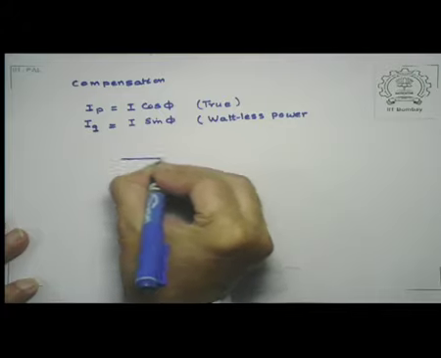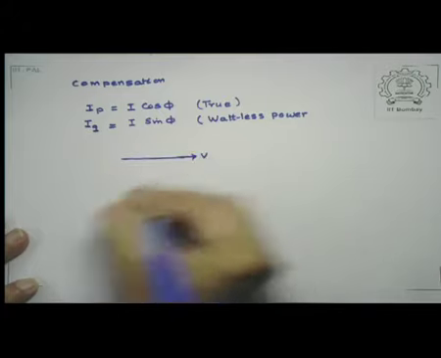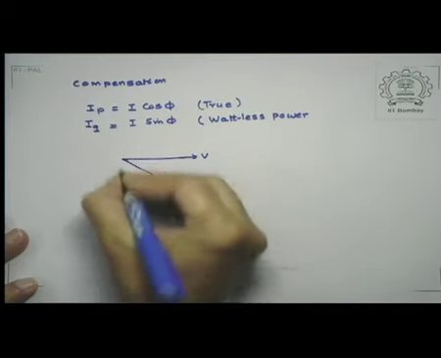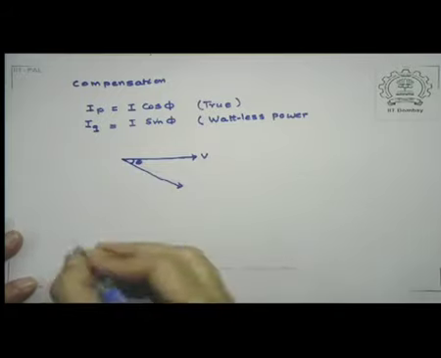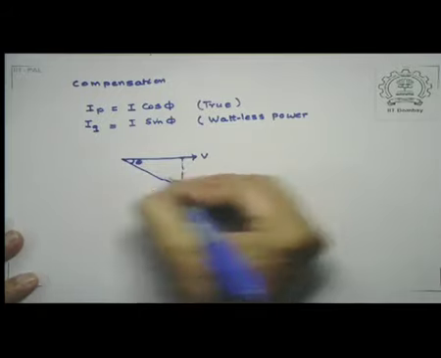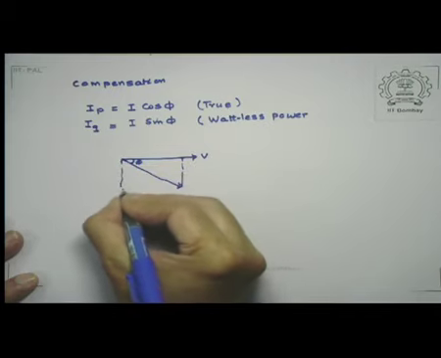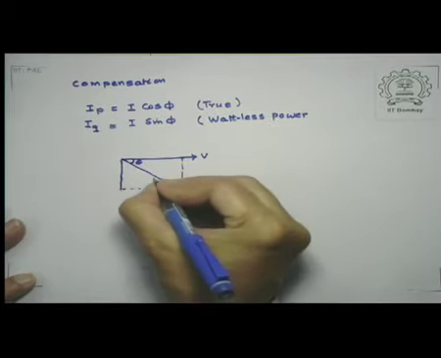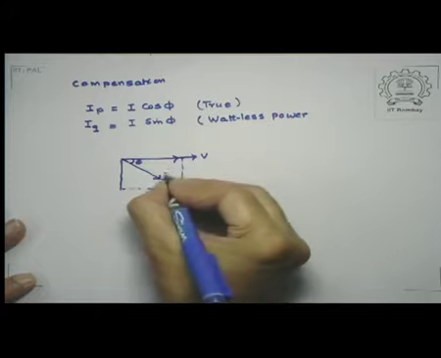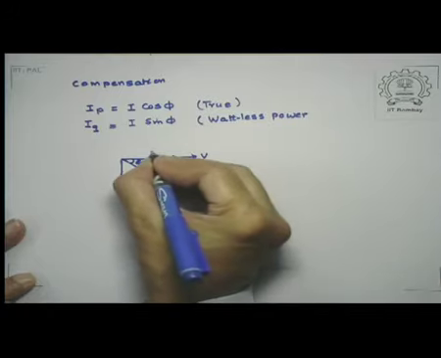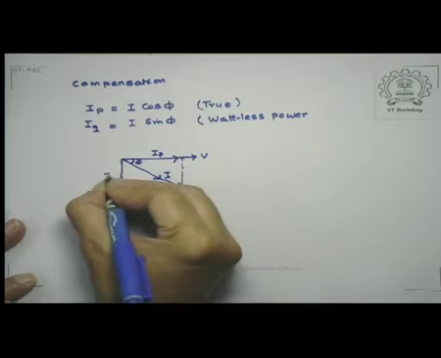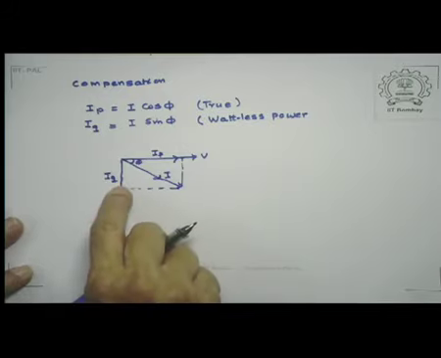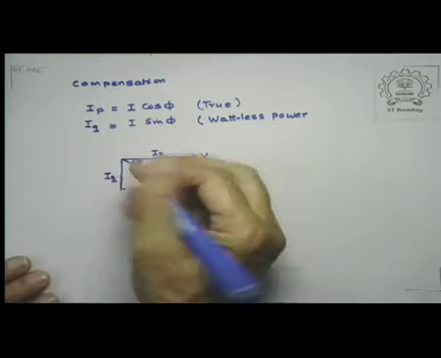So let's look at that. Remember that this was my direction of V. Since it was an inductive circuit, I said let the direction of current be here like this. This is phi. And so these are the components, by completing the parallelogram. The component of I along V is what I call IP, and perpendicular to V is what I call IQ. Now ideally what I would like to do is to compensate for this I sin phi component.